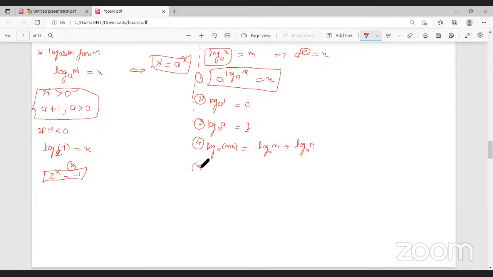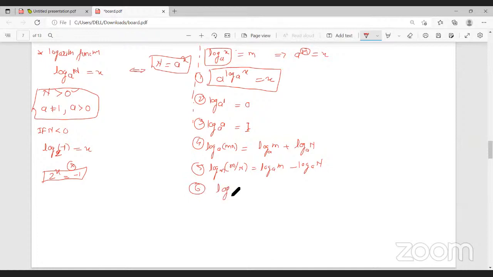Same for m by n, right? That is log of m minus log of n to the base a, right? So the most important property is the power property.